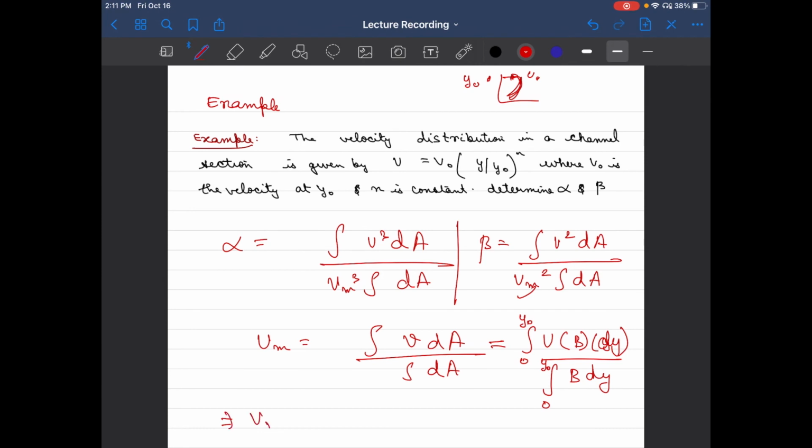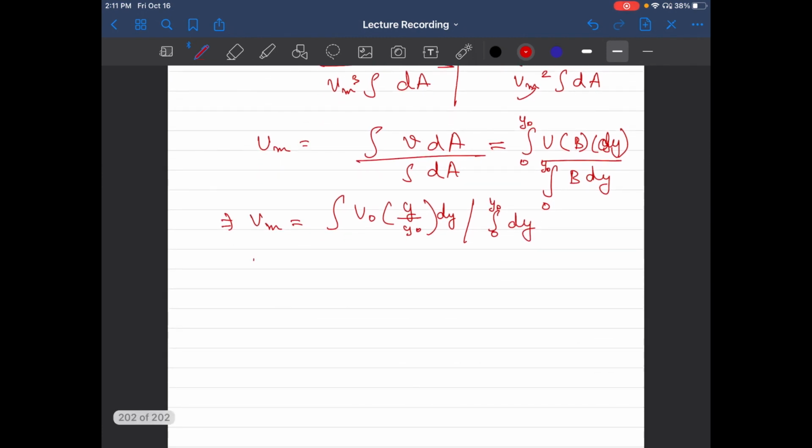This gives us our average velocity across the cross section as integration of v naught into y upon y naught raised to n, dy, divided by integration 0 to y naught dy. Now I'm not going to solve this integral for you, but I am writing the exact expression. So we end up with our average velocity as v naught divided by n plus 1.